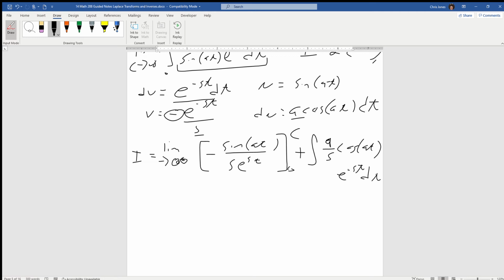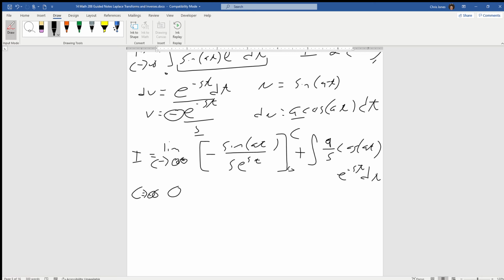Now let's evaluate this limit as c approaches infinity. And so what happens is when we substitute c back in, this is actually going to be 0 as c approaches infinity. And remember, that's just because when we plug in for t, sine is only going to be between -1 and +1, regardless of the value.